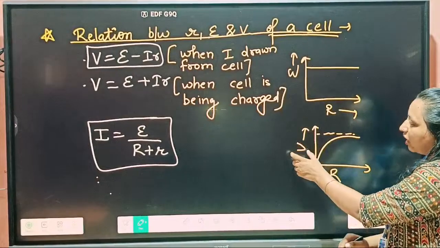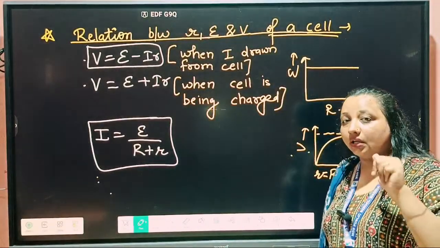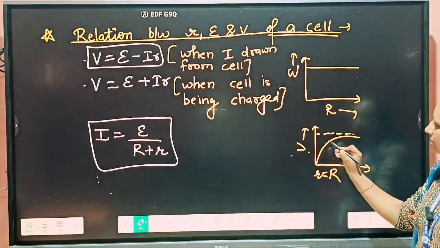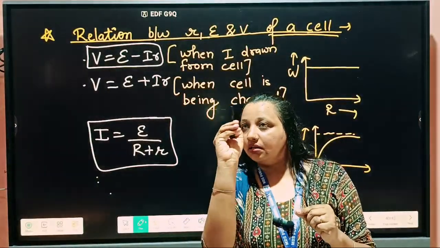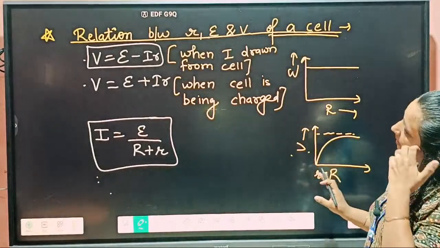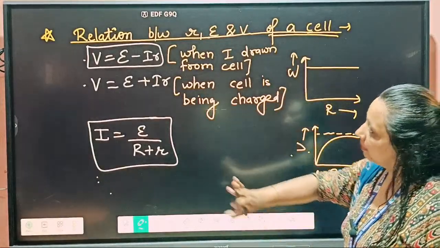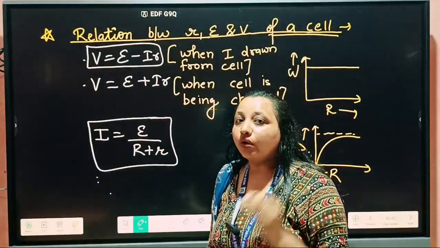But when we plot the graph between terminal potential difference and the external resistance, then it varies. Firstly it varies linearly, then it becomes saturated at a point. This is the relation between these two. By this equation, we can find the expression for the internal resistance.